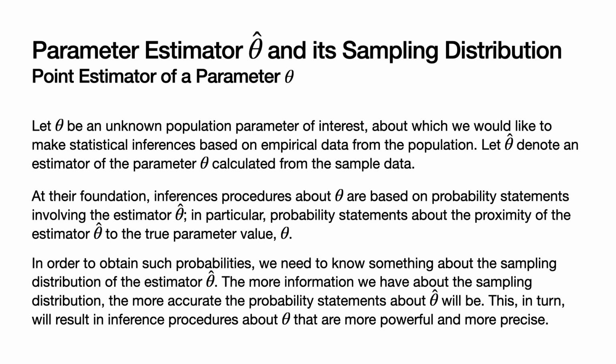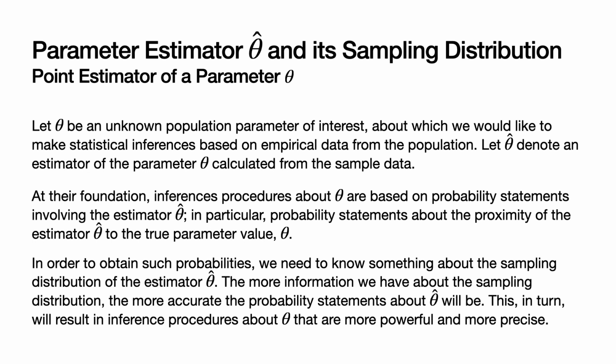Let theta hat denote an estimator of the parameter theta calculated from the sample data. At their foundation, inference procedures about theta are based on probability statements involving the estimator theta hat. In particular, probability statements about the proximity of the estimator theta hat to the true parameter value theta.